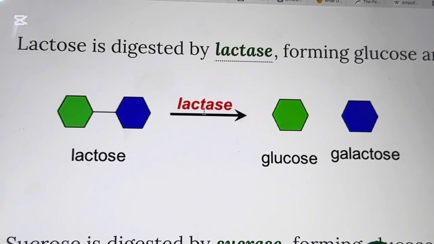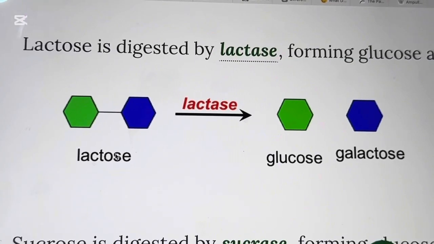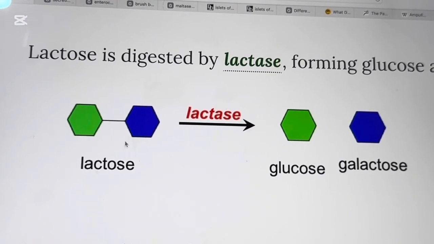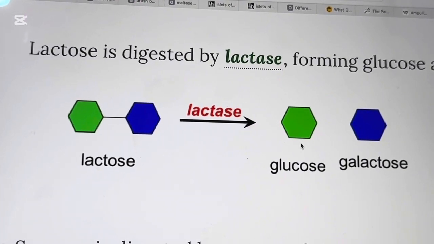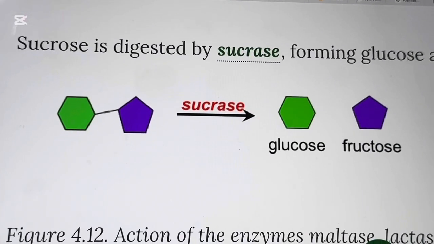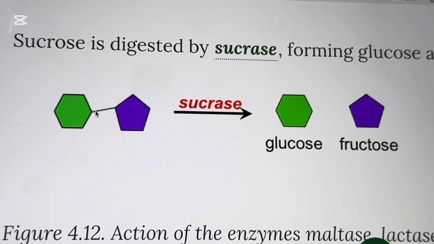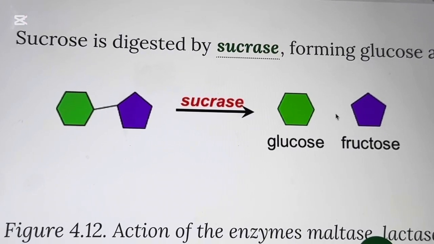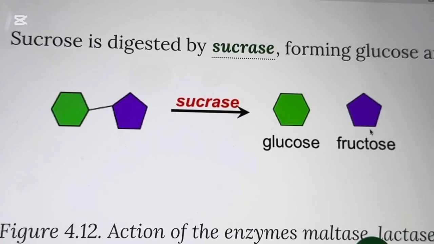Lactase will act on a milk sugar called lactose, and when the lactose is digested by the lactase, it will be converted into glucose and galactose. Next we have sucrase. Sucrase will act on sucrose, which is a disaccharide, and it's converted into monosaccharides, that is glucose and fructose.